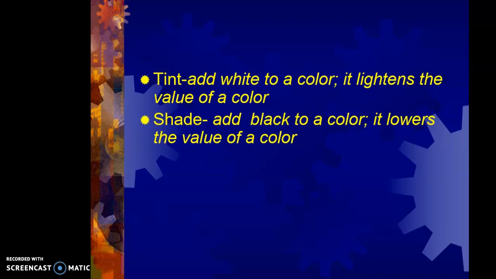So we're darkening the windows of our cars. You can see here the definition is you add white to a color which lightens the value of a color. That's what a tint is. We're lightening the value. Now a shade is when we add black to a color and it lowers the value of the color. So of course something that's lightened comes forward, something that's darkened goes back.